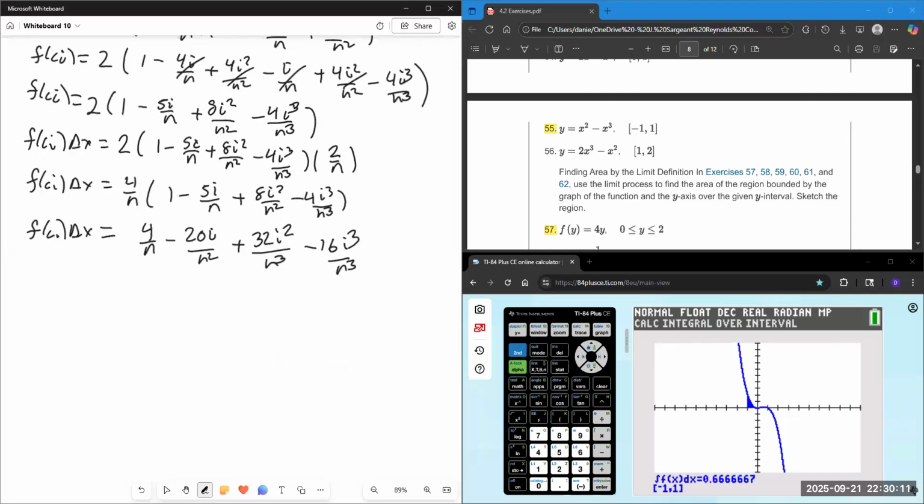So exact area is going to be limit as n goes to infinity, summation i equals 1 to n, 4 over n minus 20i over n squared plus 32i squared over n cubed minus 16i cubed over n to the fourth.